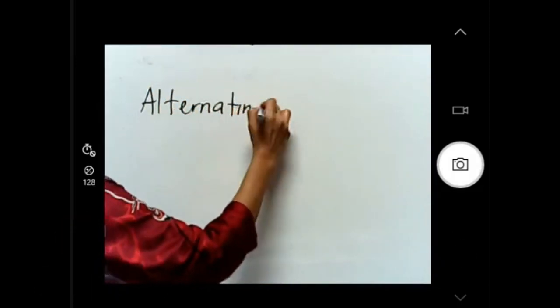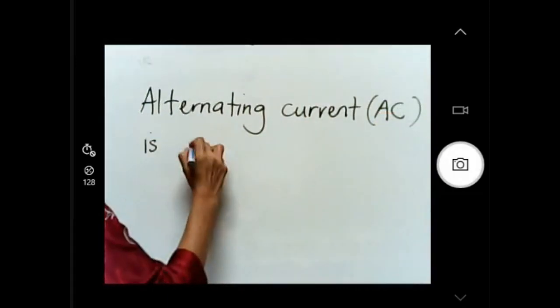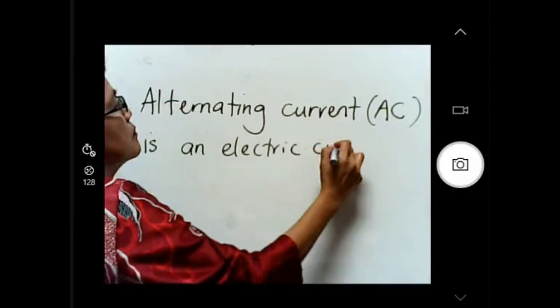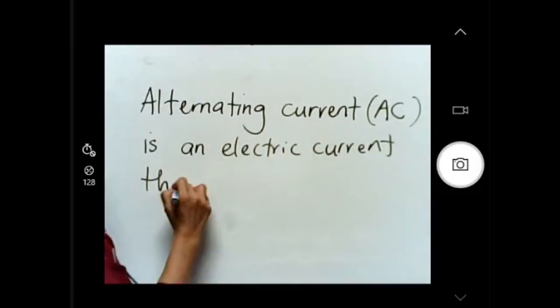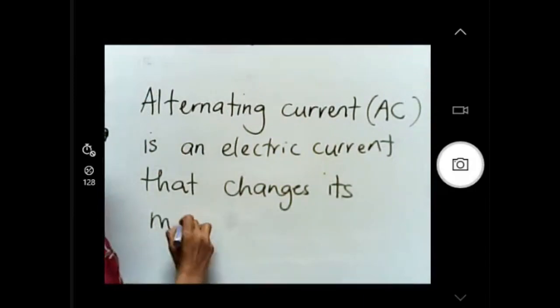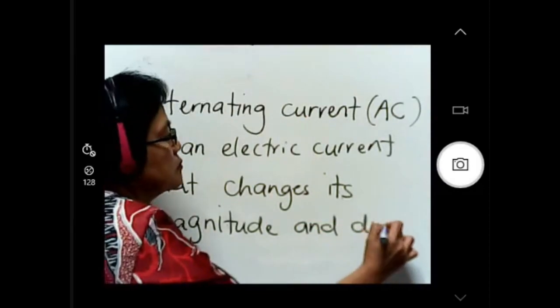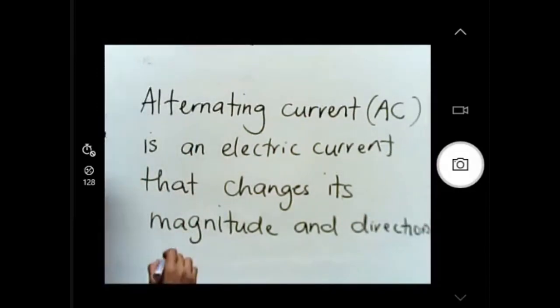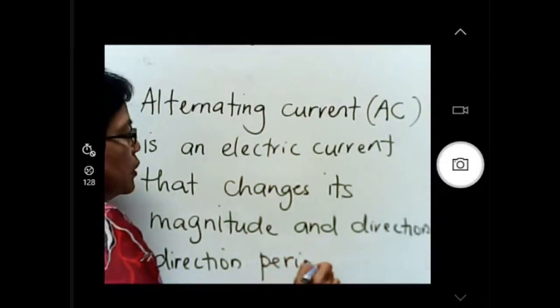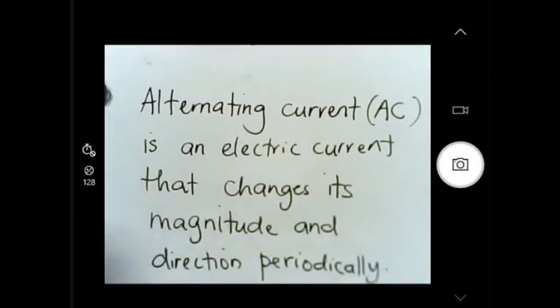Alternating current, or AC, is an electric current that changes its magnitude and direction periodically.